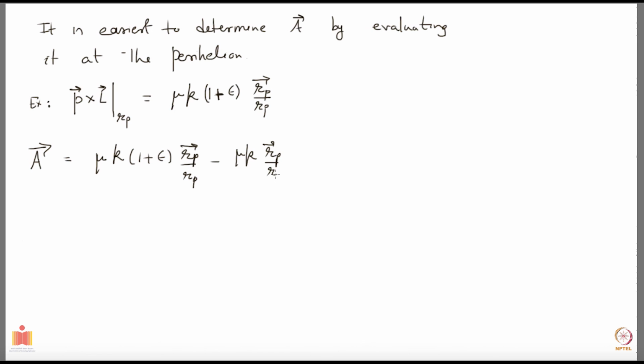There is not much, and with that you will get the following. So you have mu k, and 1 plus epsilon minus 1 will give you epsilon, and then you have Rp over R, which is just the unit vector in the direction of perihelion. Okay, so that's the Laplace-Runge-Lenz vector. Okay, so I'll stop this video here and we'll continue further in the next video.